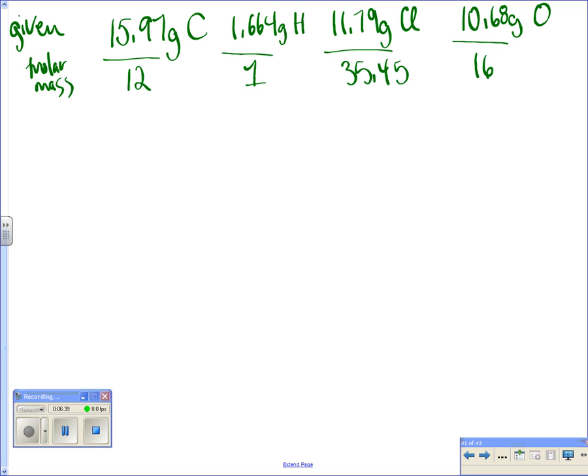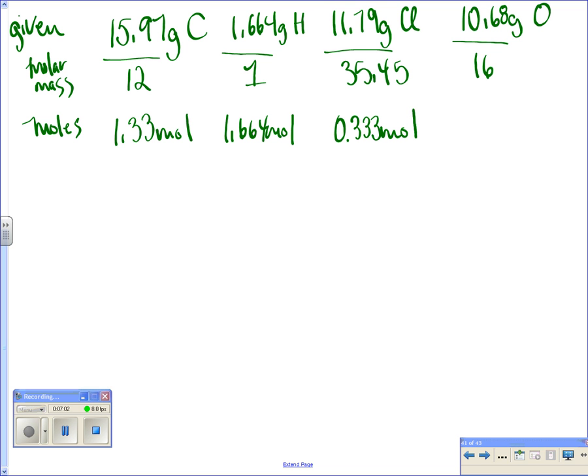So then when I work that out, I know that my moles of each one of these is 1.33, 1.664, 0.333, and 0.6675.